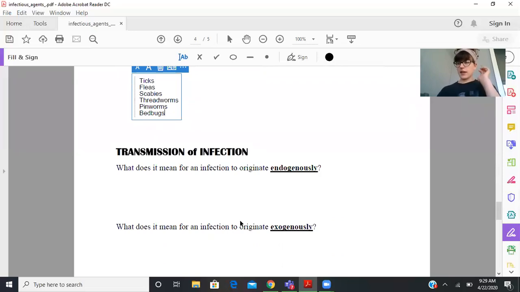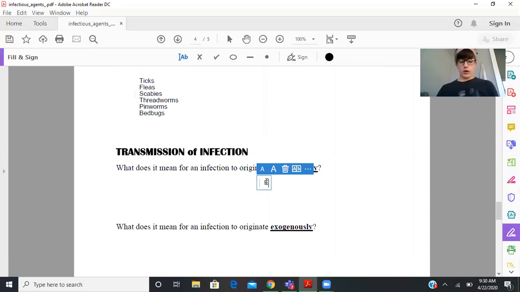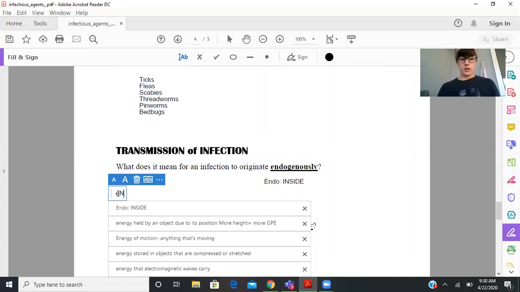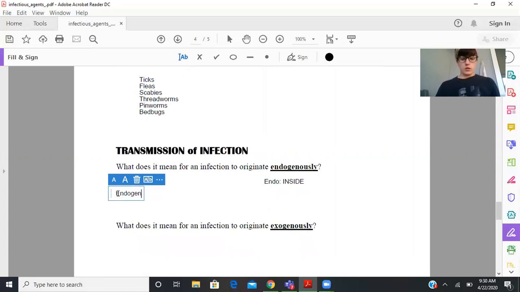Now this is our last section. What does it mean for an infection to originate endogenously? So the word endo means inside. So endogenous equals transfers within our own body.